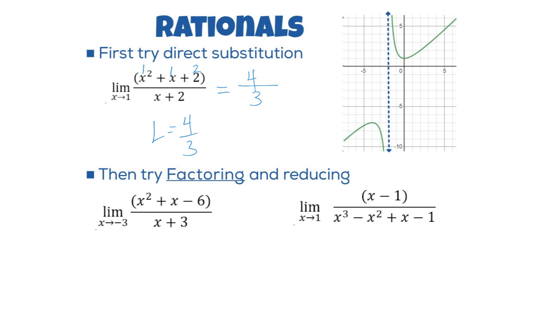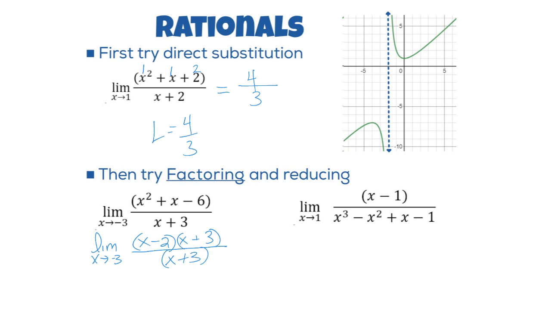So in my numerator, that is going to factor for me. Factors of 6 that have a difference of 1, that's going to be a 3 and a 2. I'm going to want a +3 and a -2, and that's all over an x plus 3.